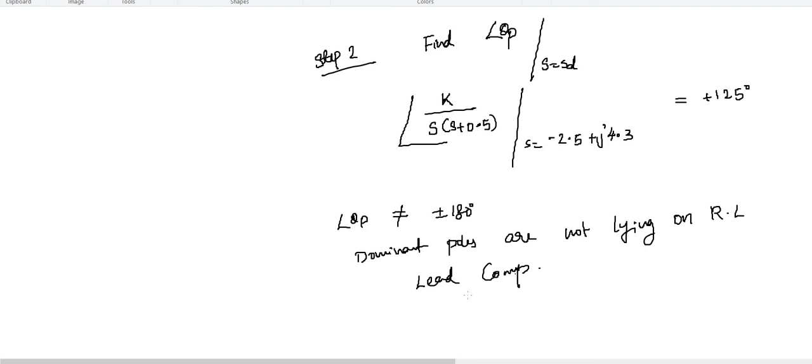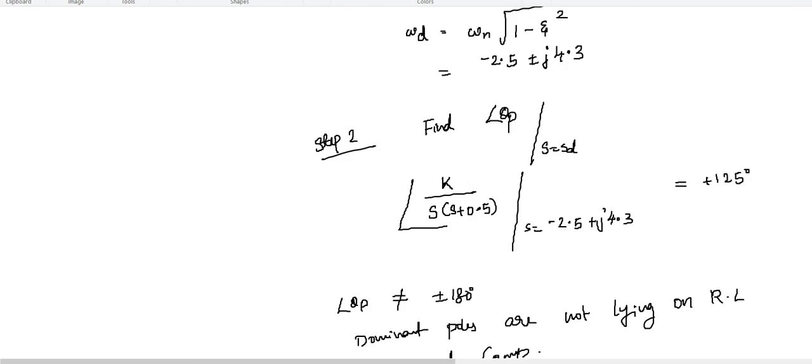In step 3 we find the deficiency angle phi, which is 180 minus 125 degrees, equal to 55 degrees.